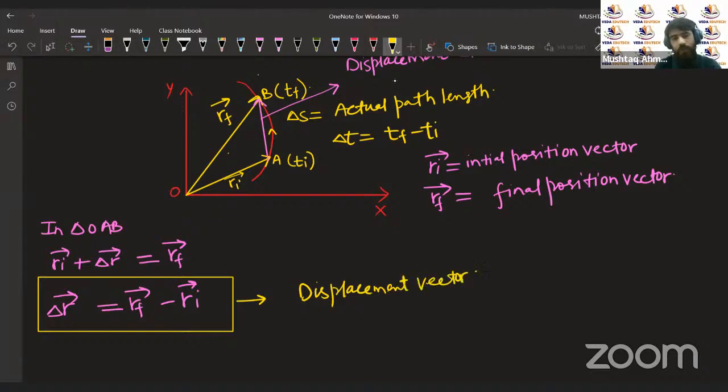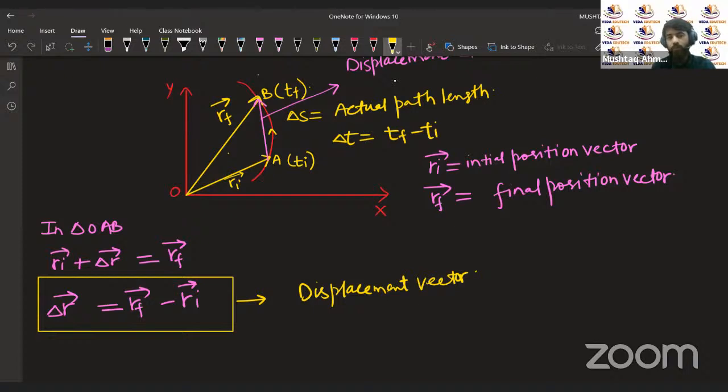And the direction of this displacement vector is towards the final point, from the initial point to the final point. We can clearly see in this diagram, in this Cartesian coordinate system, that the displacement vector is directed along the final point of this particle.